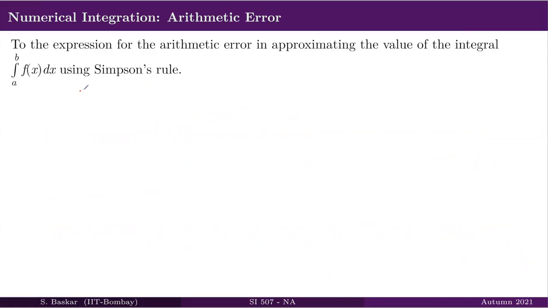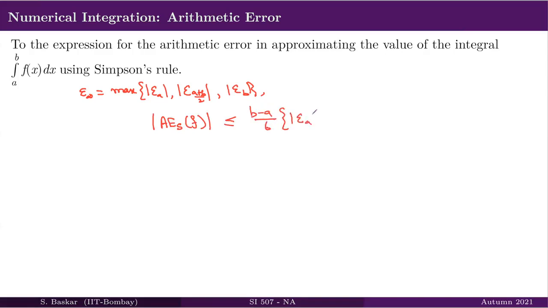Say, for instance, whatever may be the epsilon value, we know the maximum that they can have, say, the maximum of mod epsilon a, mod epsilon (a plus b) by 2 and mod epsilon b. Then you can see that mod arithmetic error involved in the Simpson's rule can be written as less than or equal to (b minus a) by 6 times [mod epsilon a plus 4 times mod epsilon (a plus b) by 2 plus mod epsilon b], right?